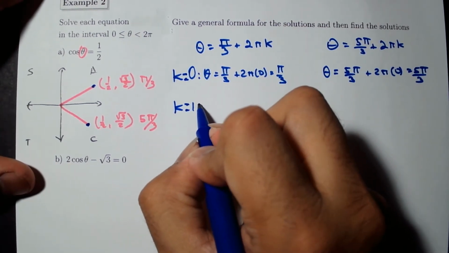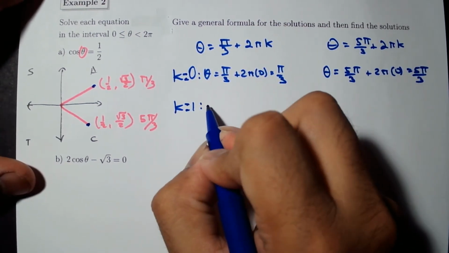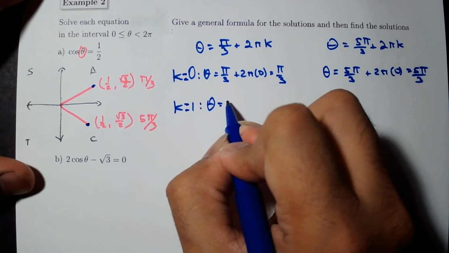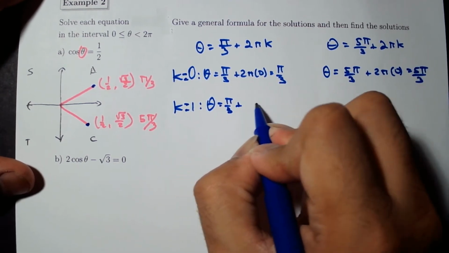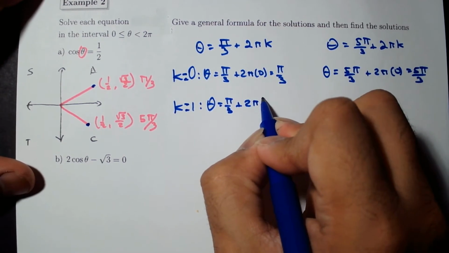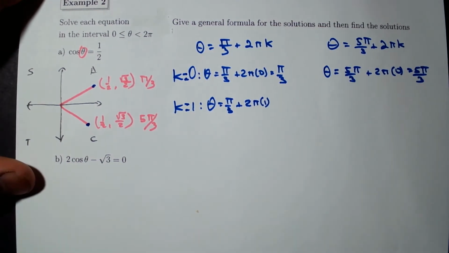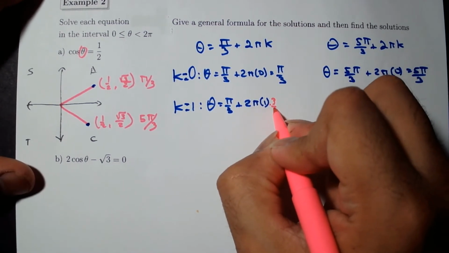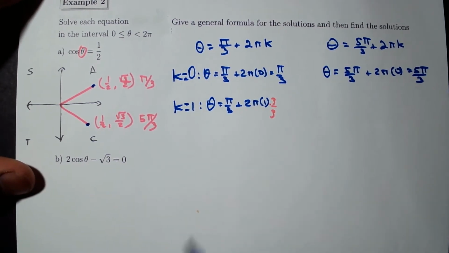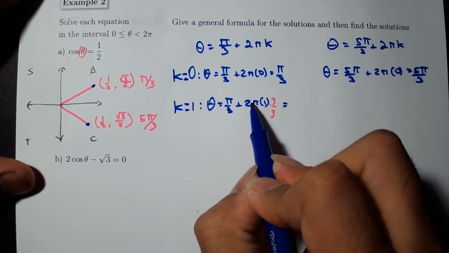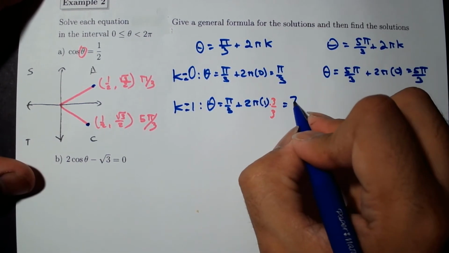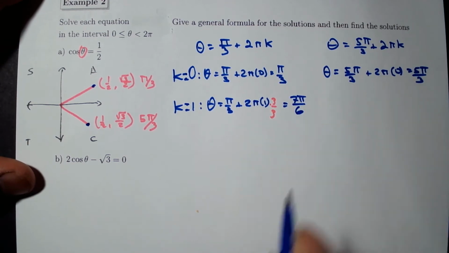In this case we don't need it, but I'm going to show you what we essentially do. So theta equals pi over 3 plus 2 pi times 1. To add the fractions, I need 3 and 3 for the LCD. Final answer, 3 times 2, which is 6, plus 1, that's 7 pi over 6.